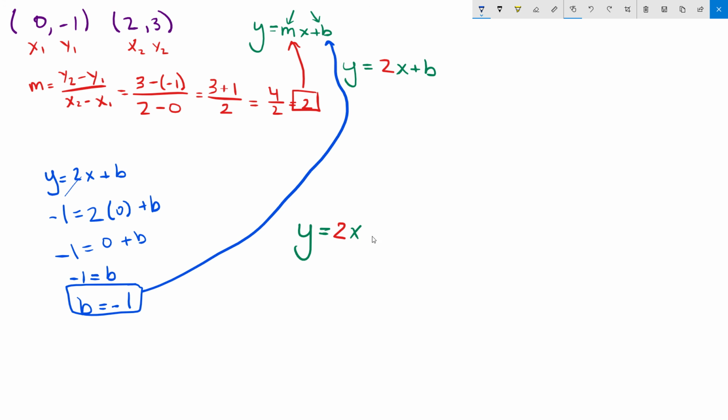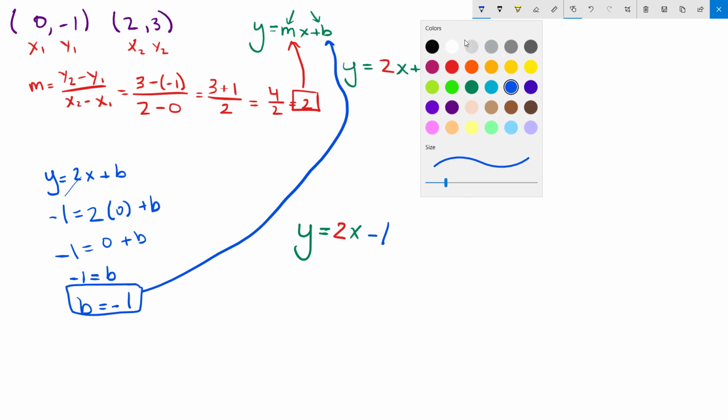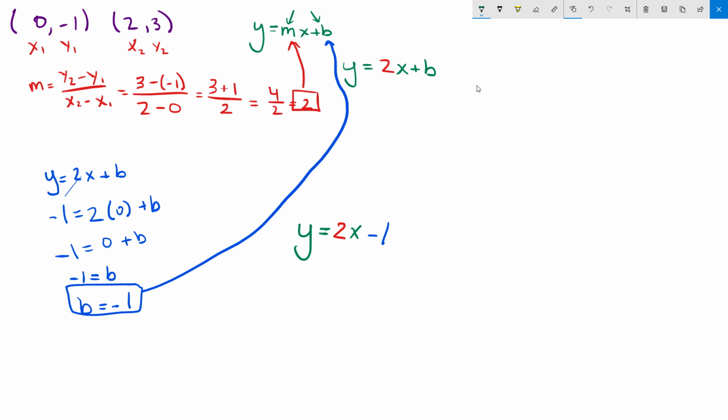So we can say minus 1. And that's it. This is the equation of our line. And there's really not much more to it, okay? So this is your slope. This is your y-intercept, so you have your equation of the line, okay? And if we were to graph this, you would use your y-intercept and your slope to find any other points when you want to graph by hand, okay?